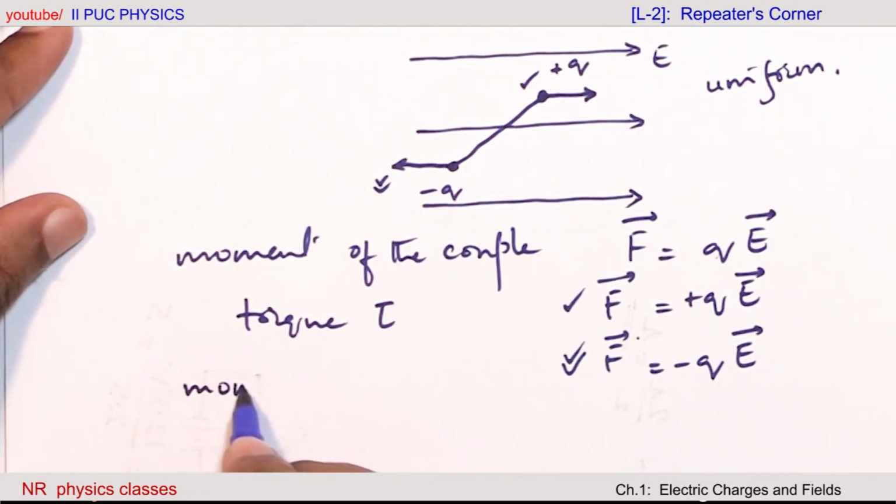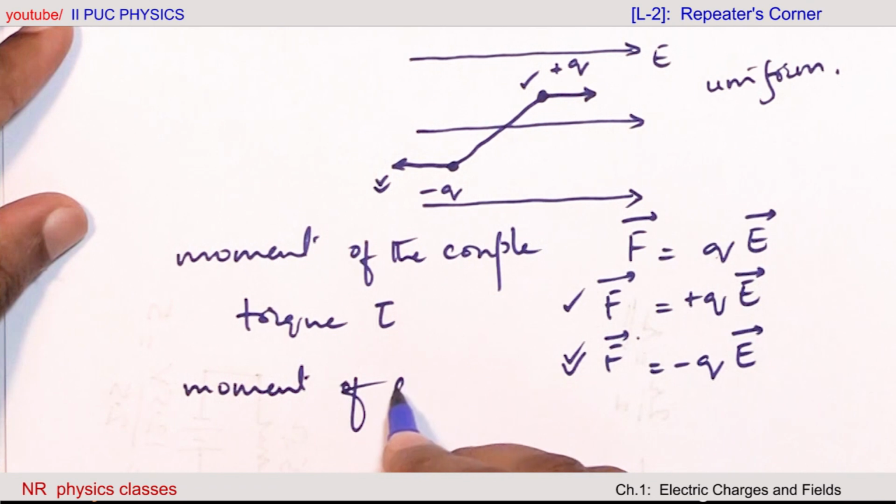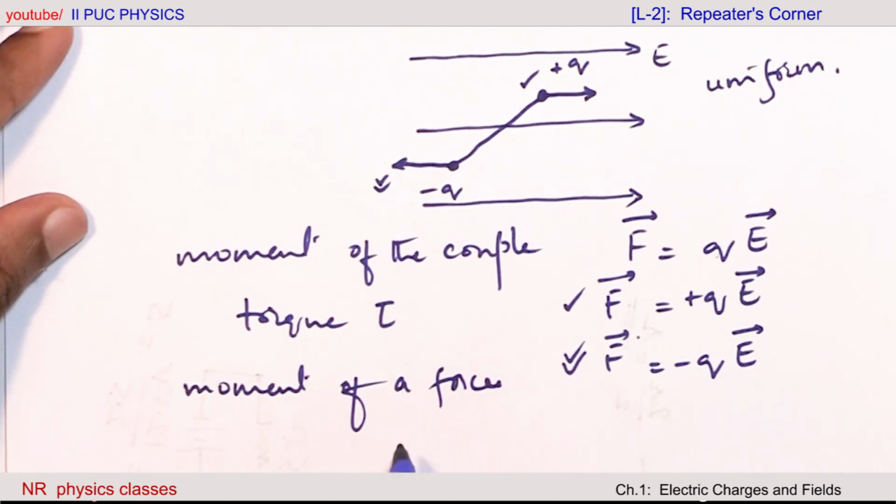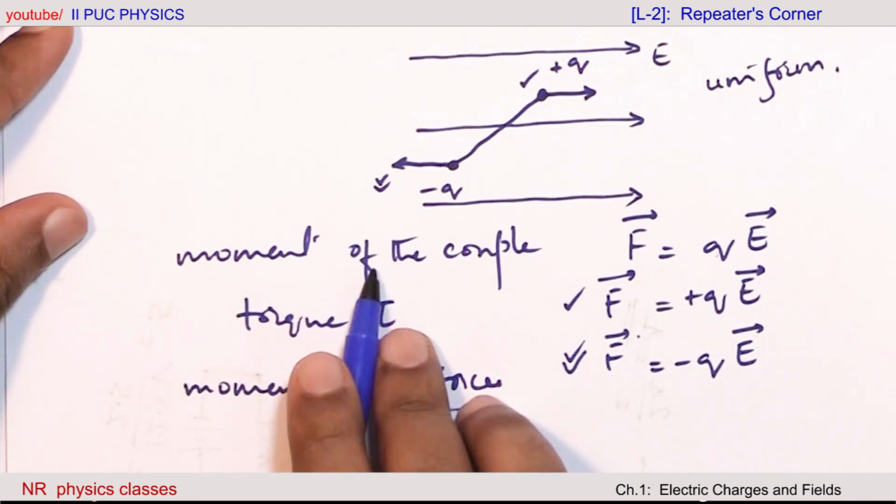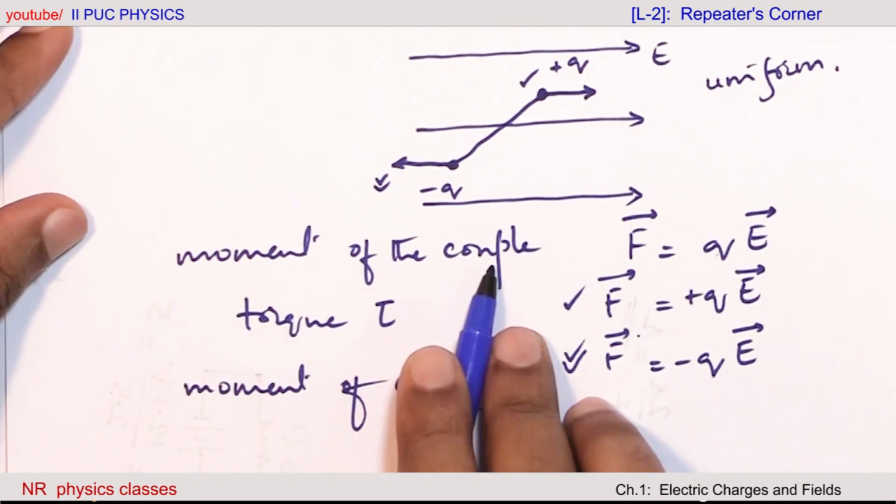Moment of a force means turning tendency of a force, that is also called torque. This is turning tendency of equal and opposite forces, that is couple.